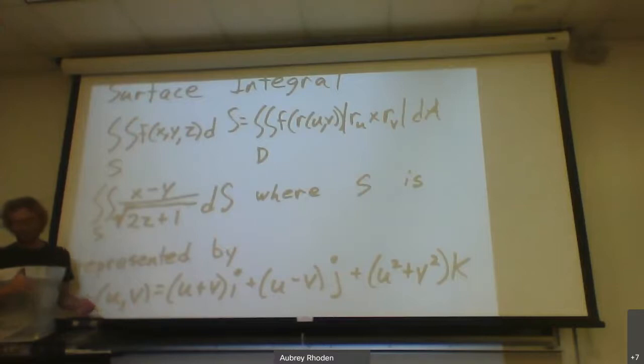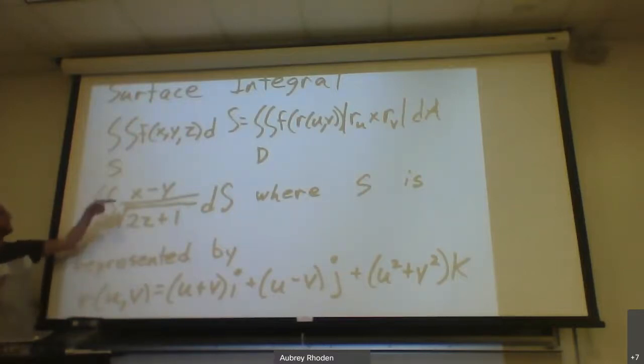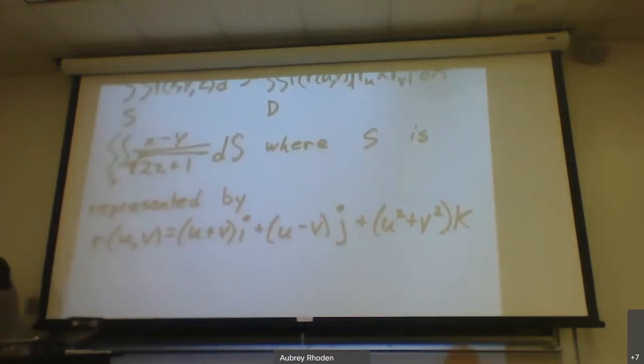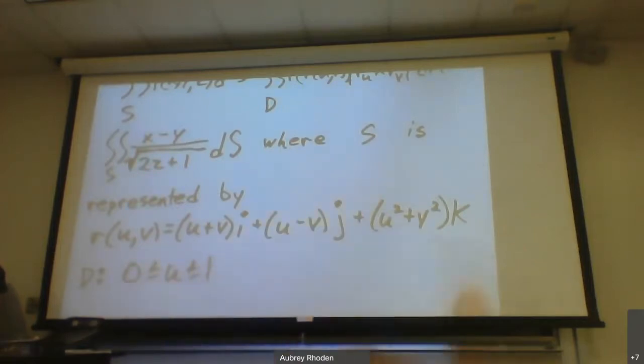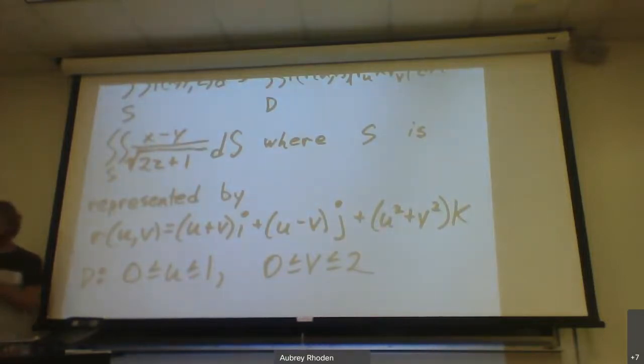It's defined on a domain D, which is just 0 less than or equal to u less than or equal to 1, and 0 less than or equal to v less than or equal to 2. So just the square.